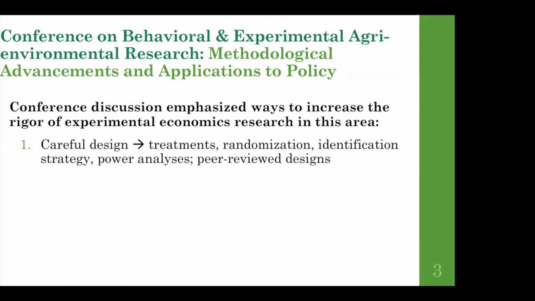We should think about our identification strategy and conduct power analyses to make sure that we have a sample size that is sufficient to identify effects that are there, but also not overestimate those impacts. And then use a peer review process when we're thinking about our designs.